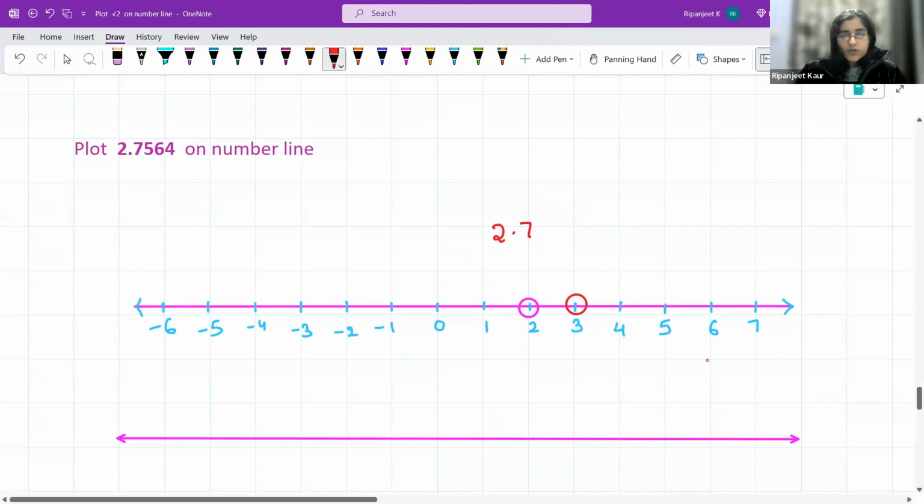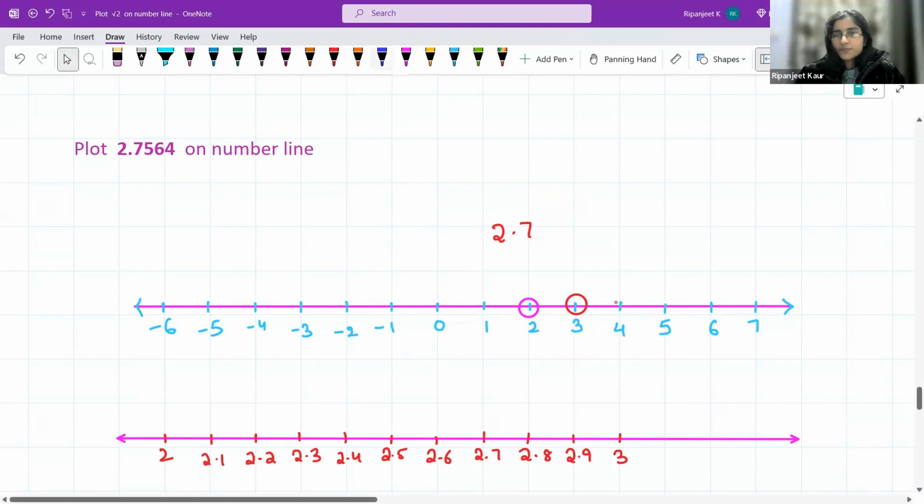So we put over here a 2, and after 2 comes 2.1, 2.2, 2.3, 2.4, 2.5, 2.6, 2.7, 2.8, 2.9, finally comes 3, right? So we have found 2.7 over here.